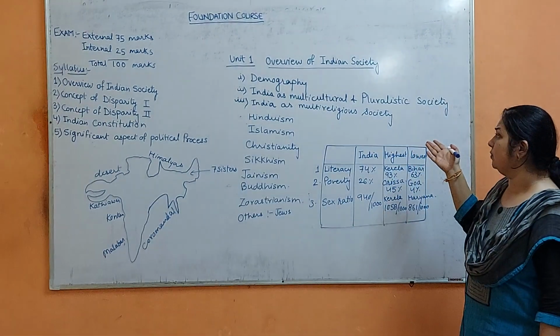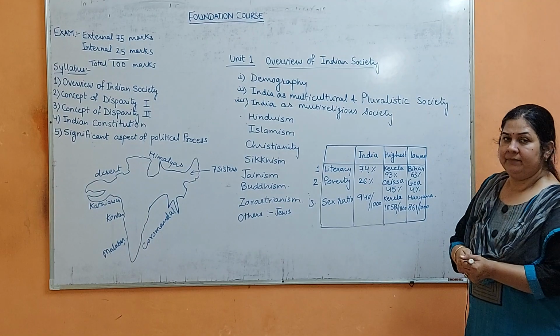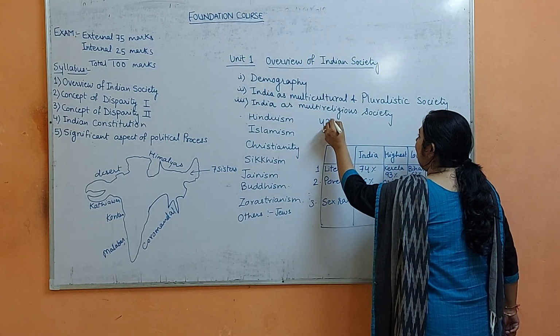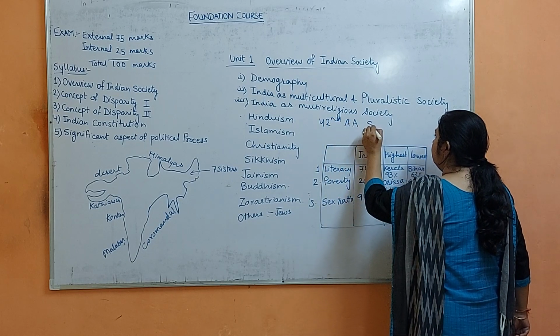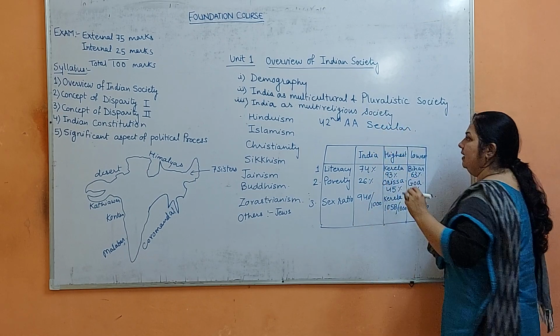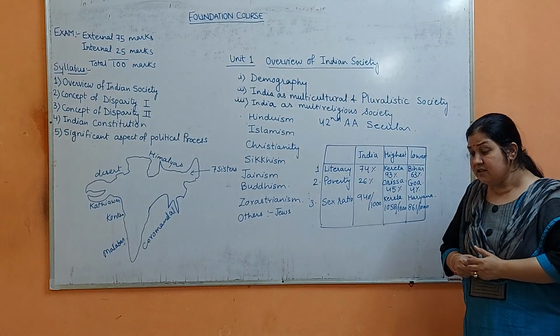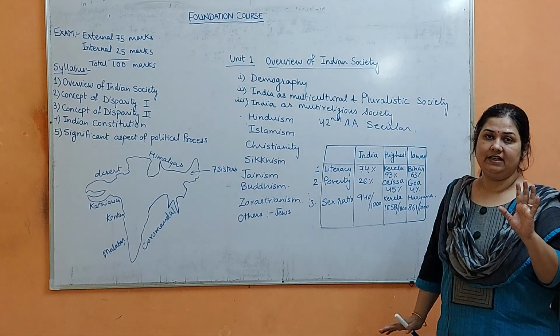Now moving on to India as a multi-religious society. Now in our constitution also, by the 42nd Amendment Act, this word secular was added. Now what do you mean by secular? Secular means no religion is considered as the state religion.